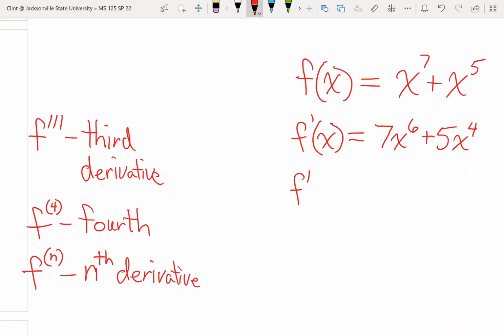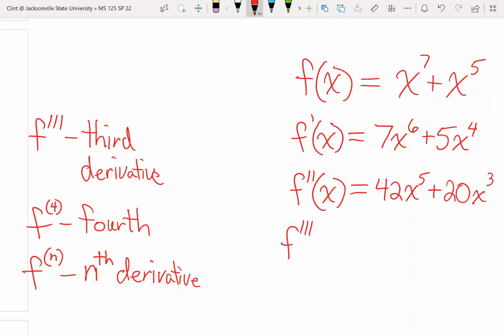So if we want the second derivative, we just take the derivative of the derivative. 6 times 7 will be 42, x to the 5th plus 20x to the 3rd. We could keep going.